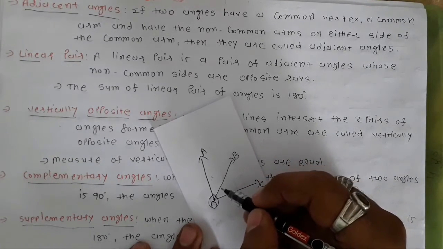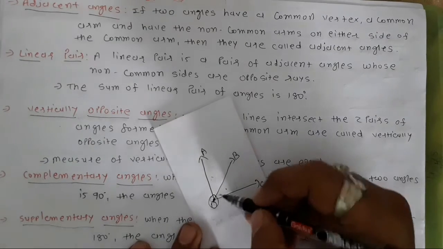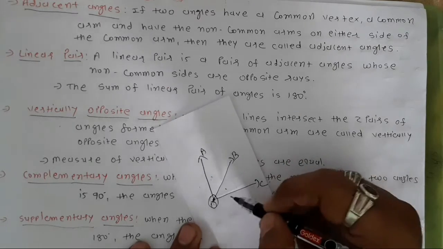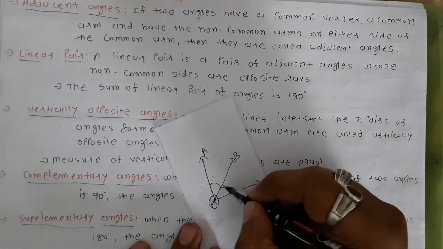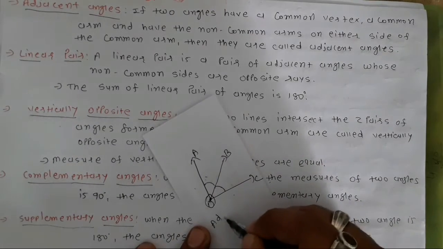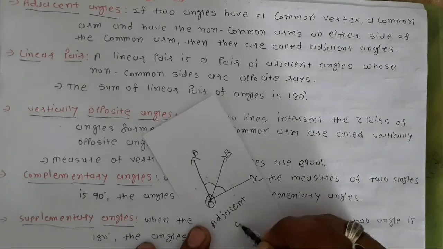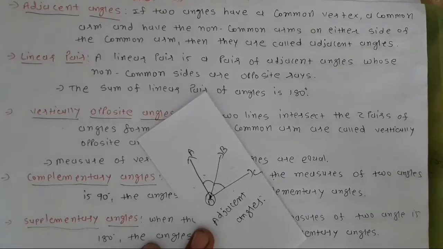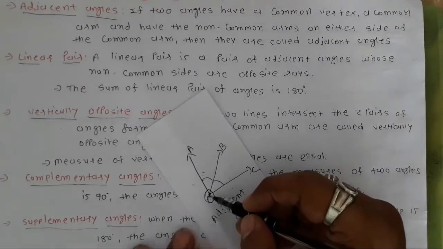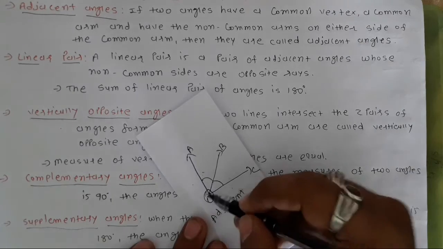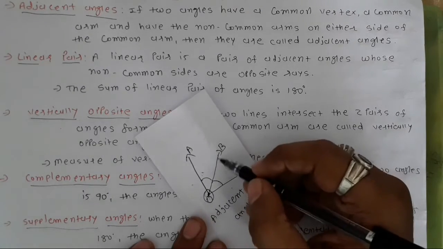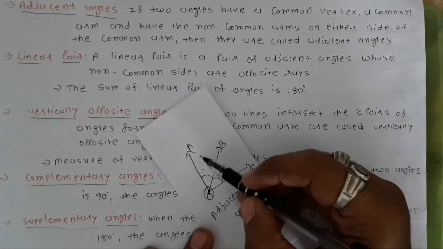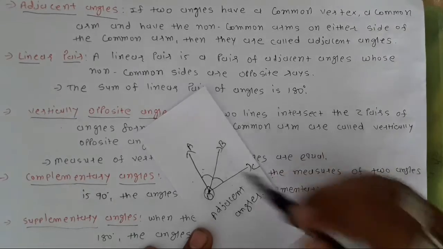That means if two angles have a common vertex, one common arm, and two non-common arms on either side, the angles formed are called adjacent angles. So whenever a question asks what an adjacent angle is, you can define it: the vertex or origin is common, and one common arm is there in both angles. For example, in BOC, the common arm BO is there, and in angle AOB, the common arm BO is there.